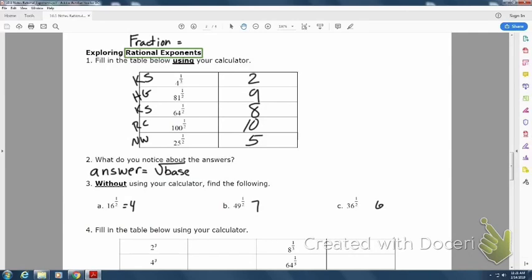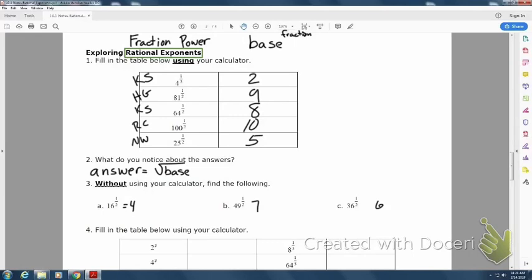Exponent is the power, the little number that's up there. So whenever I say we're talking about a rational exponent, that is a base being raised to a fraction. Rational exponent just means you've got a power that's a fraction.